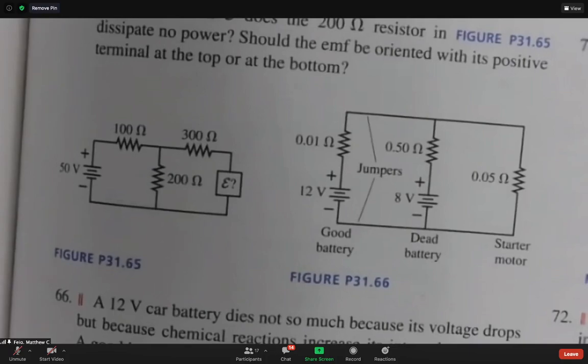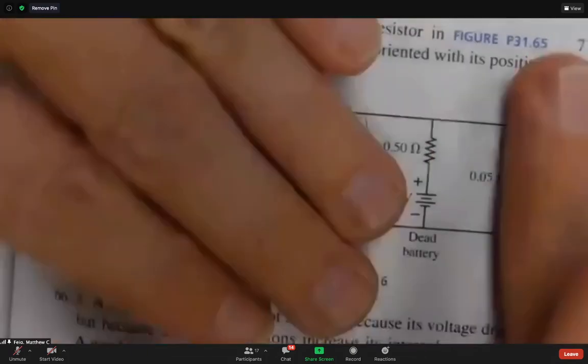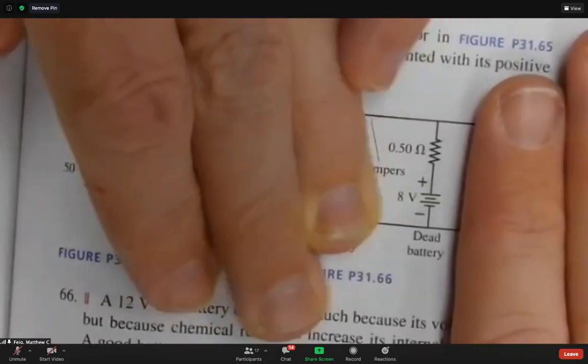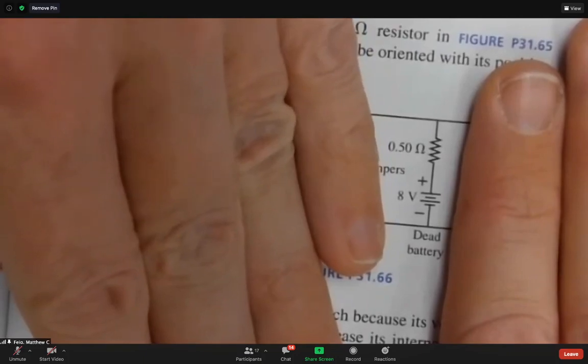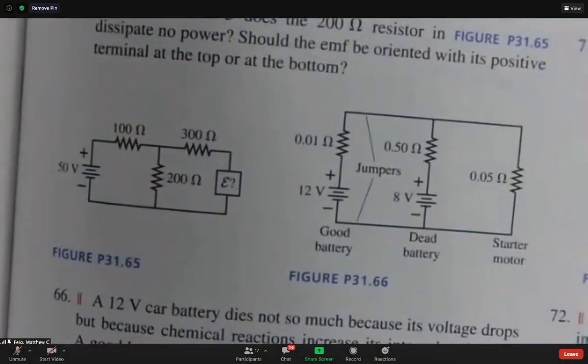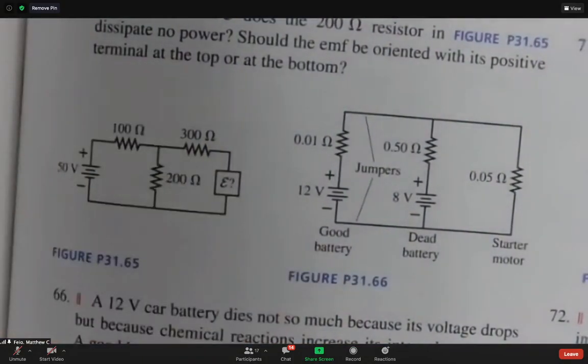And sometimes people talk about cranking volts or cranking amps, if you've heard that. So like if you just had this middle branch battery, if you just take this out of the circuit, you just have this battery. If you just put a voltmeter on this battery, what's the voltmeter going to read? It's going to read 8 volts. And let's say it was 11.5 volts, just a little bit below 12. It's going to read 11.5 volts when there's no current going through it.